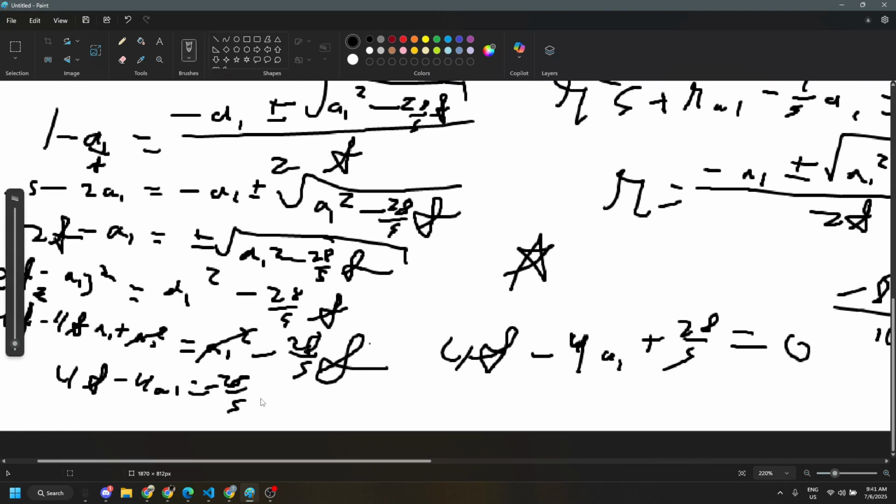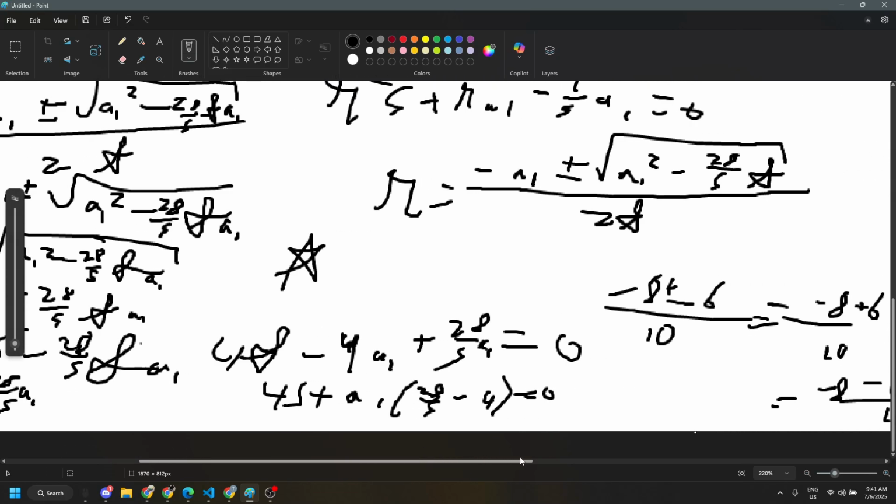Oh, I see the issue. This is A1. As A1 here, A1 here, A1 here, A1 here, A1 here, A1. So, 4S plus A1 times 28 over 5 minus 4 is equal to 0.